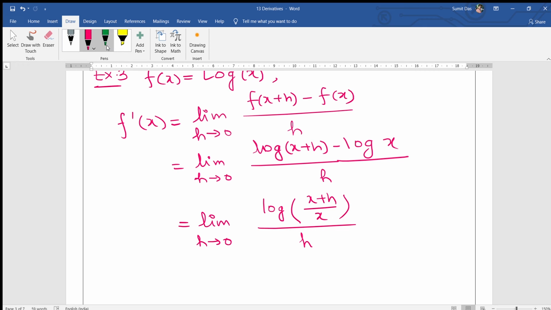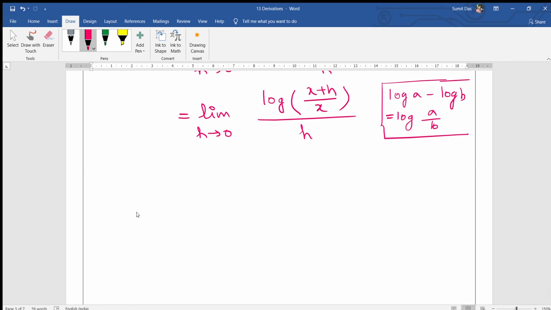This is the log property: we know that log a minus log b will be equal to log of a by b, when the operation is subtraction.